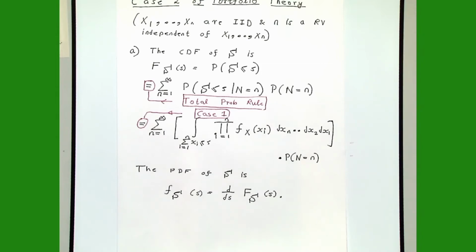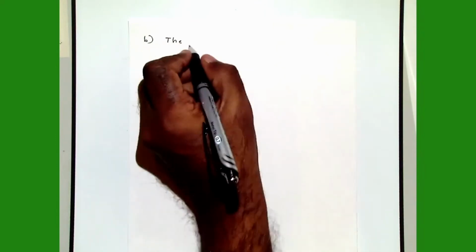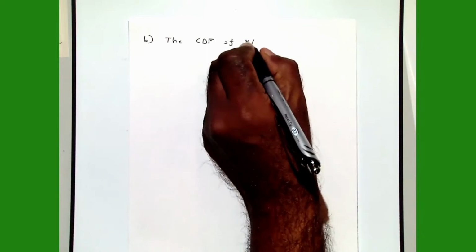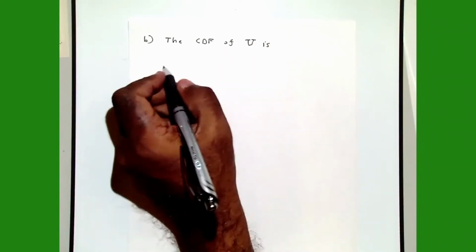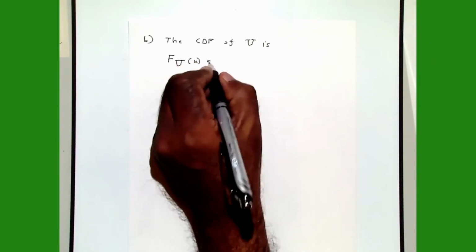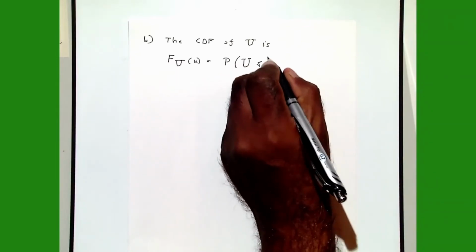Now variable B is the minimum portfolio loss. Okay, here we are. This is B. Right, so this is the notation I'm using. It's the probability that capital U is less than or equal to a fixed number.